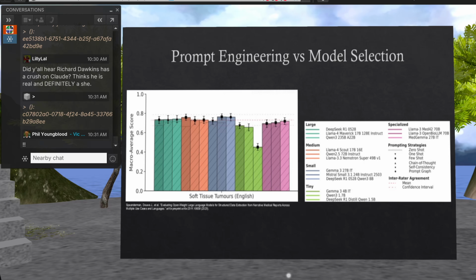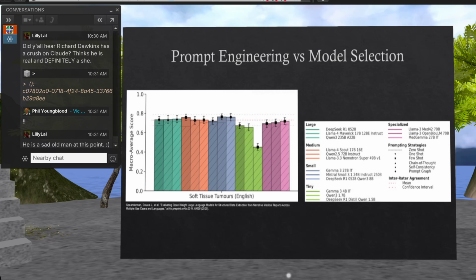So we experimented with all these sizes of models, these large models developed by Facebook, by DeepSeek and all that, and we compared them to the performance of smaller models, like the smaller DeepSeek version and Gemma that was released by Google.